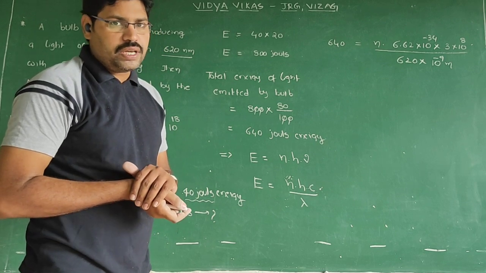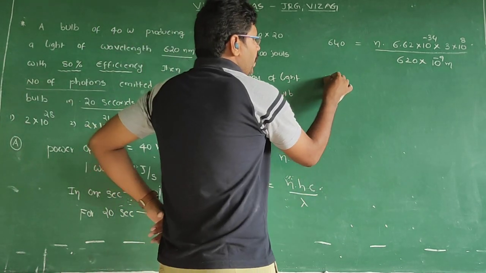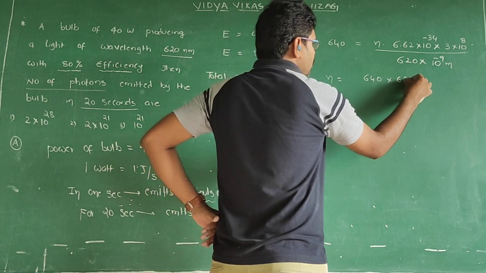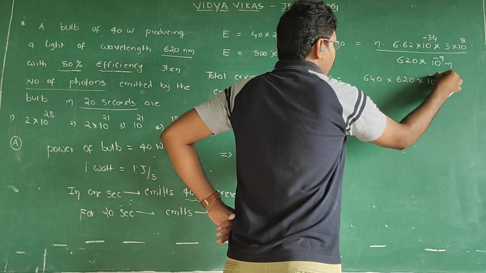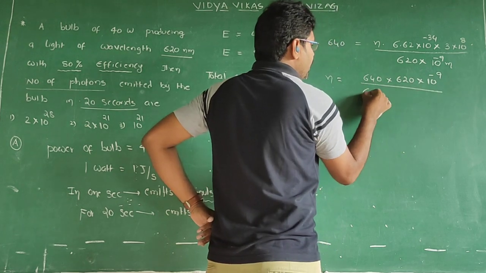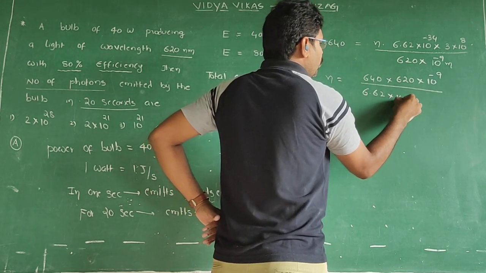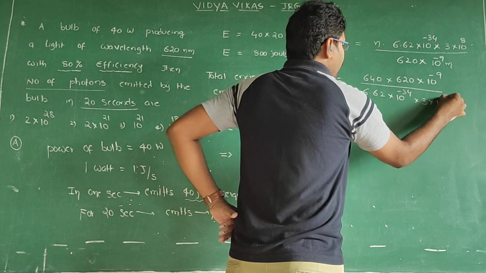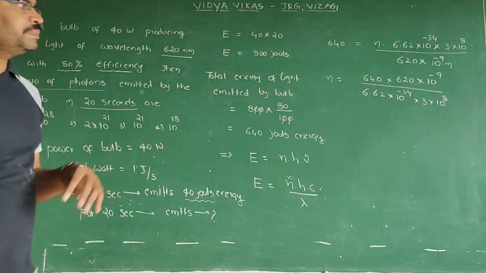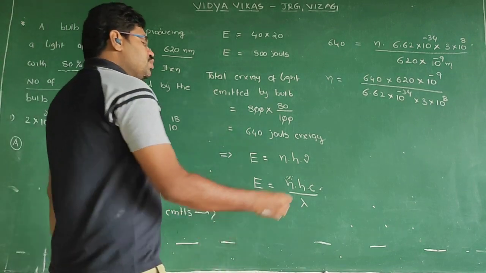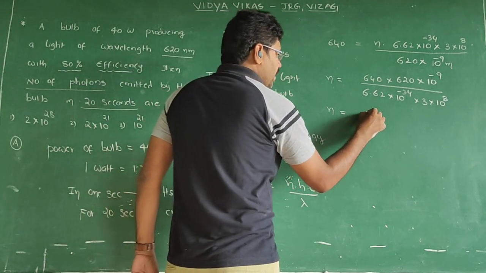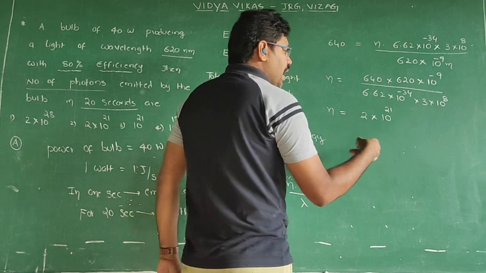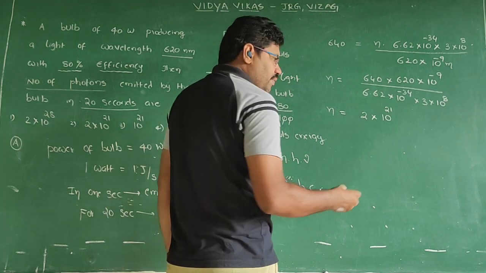So we go for the calculation: 640 into 620 into 10 power minus 9 by 6.62 into 10 power minus 34, 3 into 10 power 8. Upon calculation, finally we get almost 2 into 10 power 21.